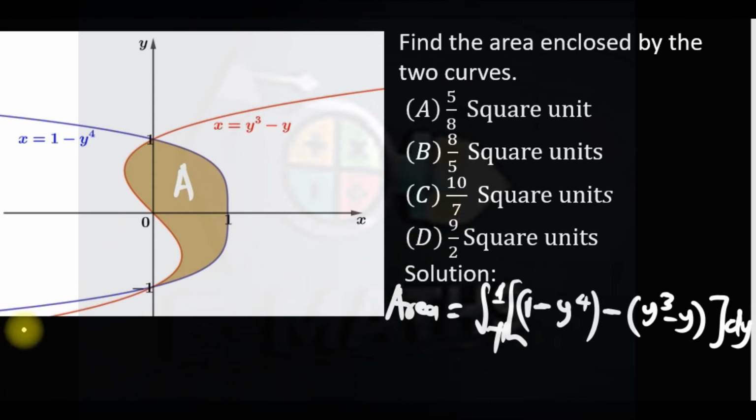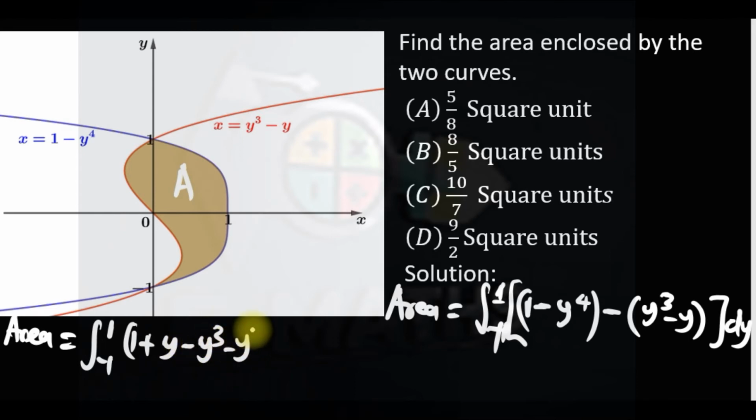So we have that the area is the integral from -1 to 1 of 1 minus this times that, which is plus, so 1 plus y minus y cubed minus y raised to power 4 dy.